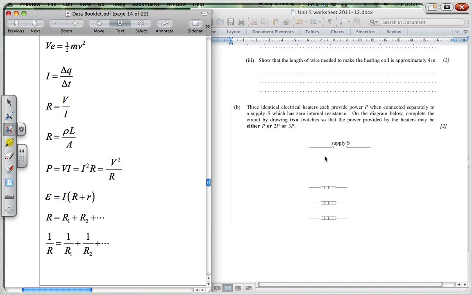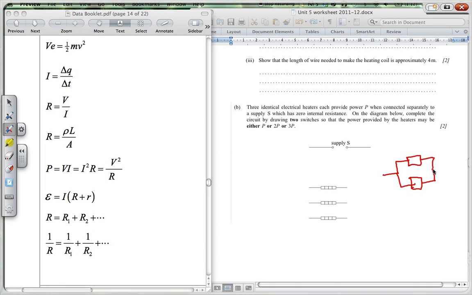So what's important to remember is, I'm going to do another little diagram here. If I've got two resistors like this, when I put them in parallel, say this is 2 ohms and 2 ohms, 1 over RT is equal to 1 over 2 plus 1 over 2, which is equal to 1.